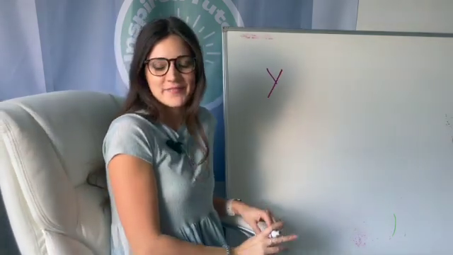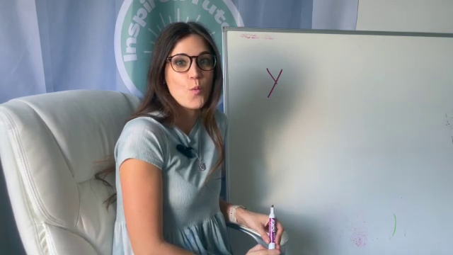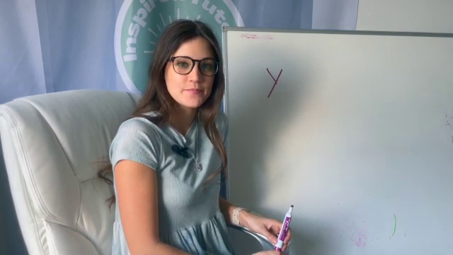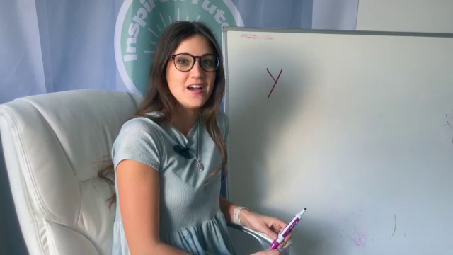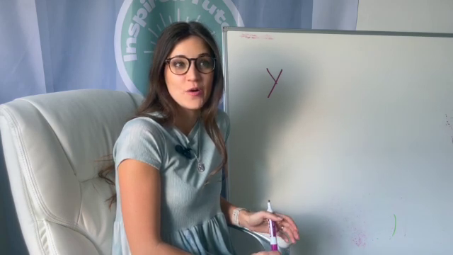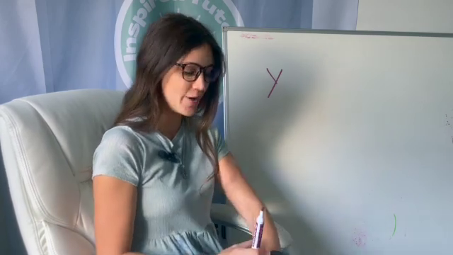What letter is that? That's the letter Y. Do you know what sound Y makes? Makes the sound yuh, yuh. Like yo-yo or yogurt. Can you think of another word that starts with Y?